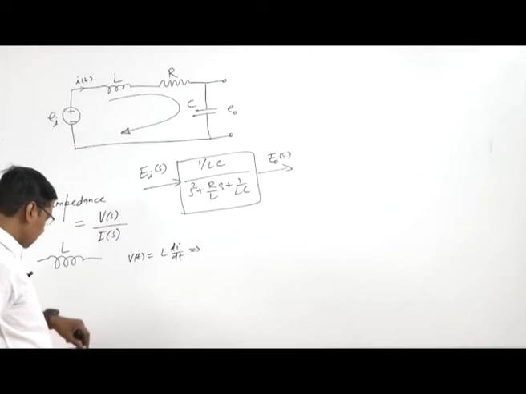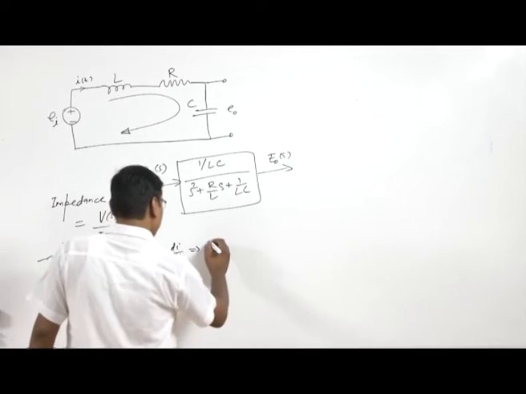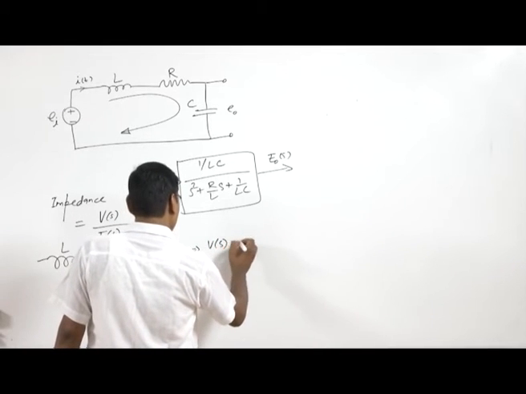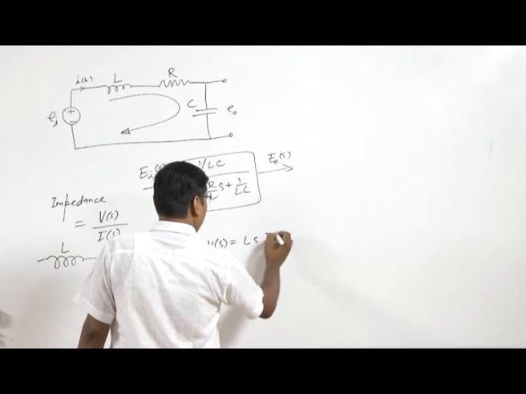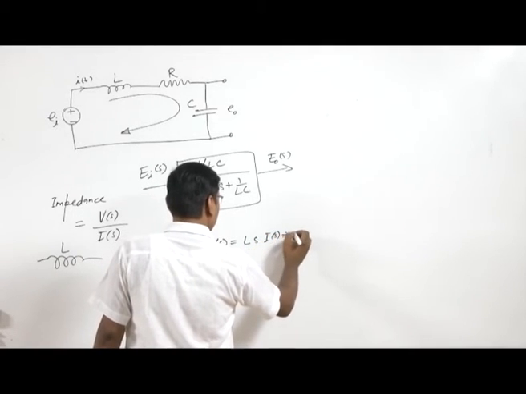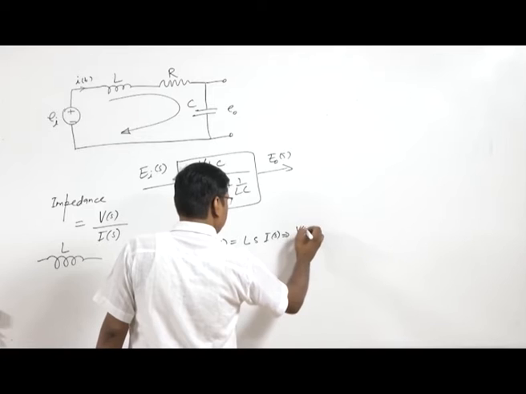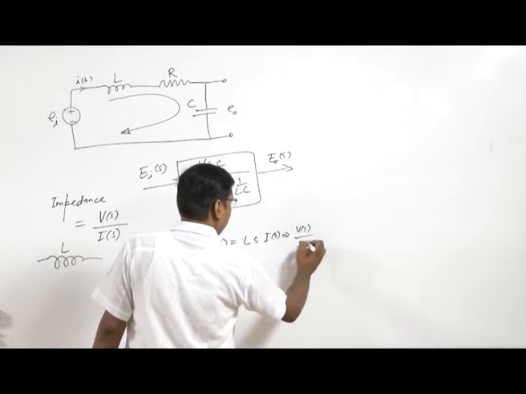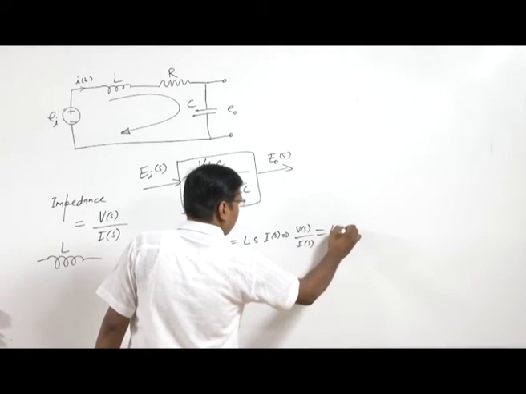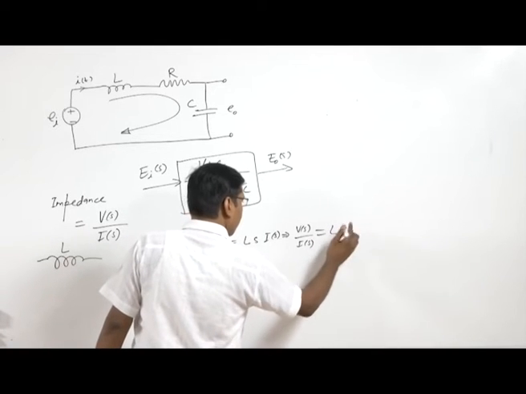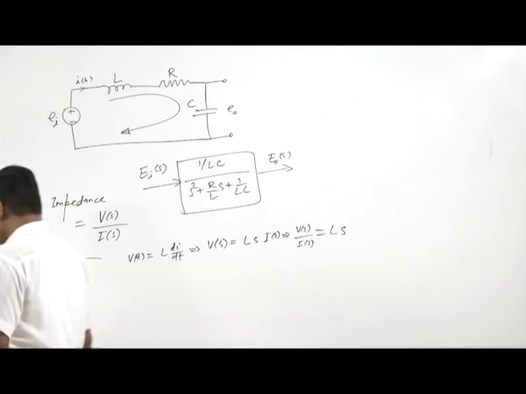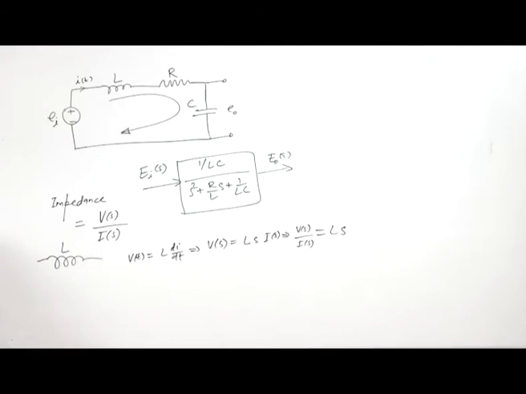So here V(s) equals L into s times I(s). So V(s) upon I(s) equals Ls. This is the impedance for an inductor.